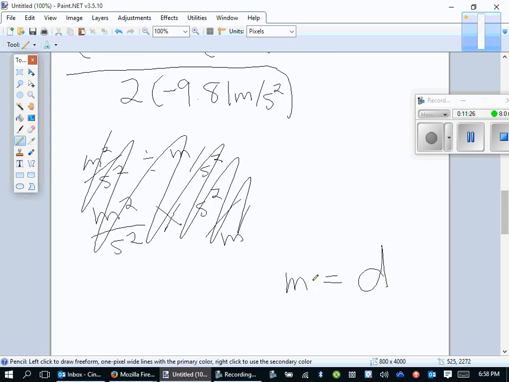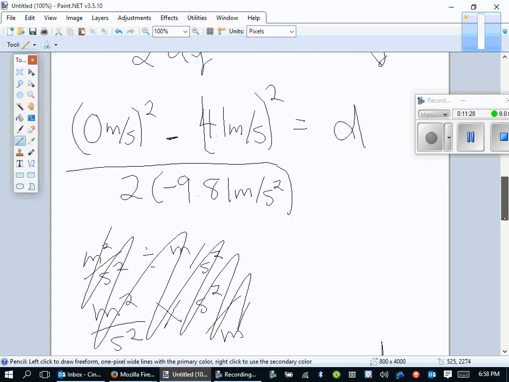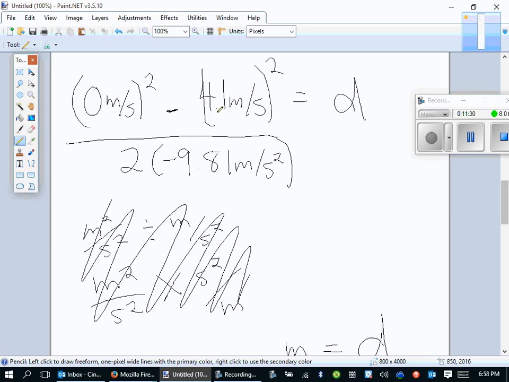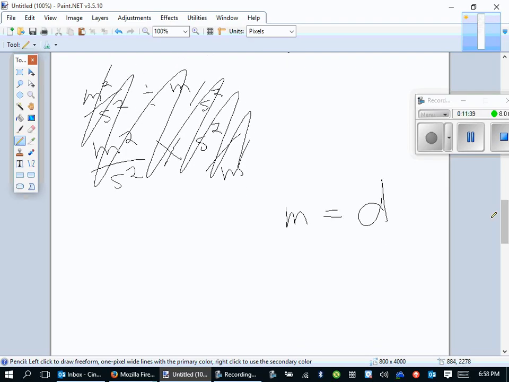So my displacement is in meters. I'm going to take out my calculator. I'm going to go 4.1 squared, negative, divided by 2 times negative 9.8. I'm going to have a negative divided by negative. I'm going to come out with a positive displacement, which makes sense. I am throwing the ball up. When I actually go through and use significant figures, I got 0.86 rather.